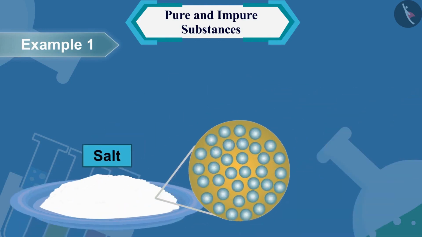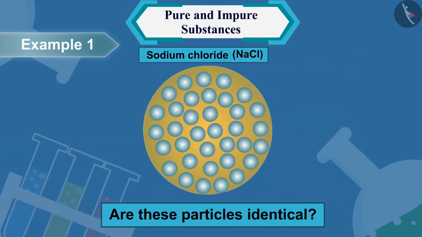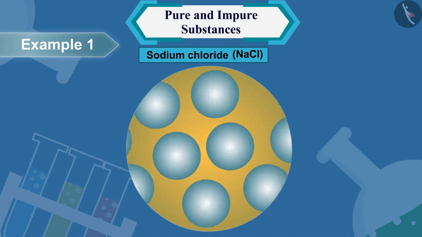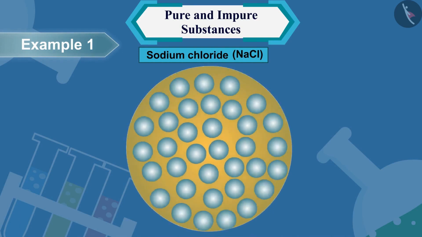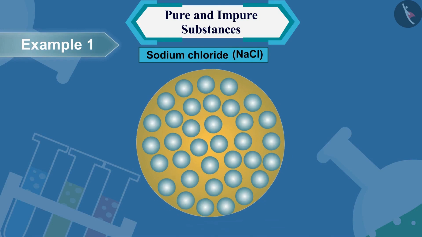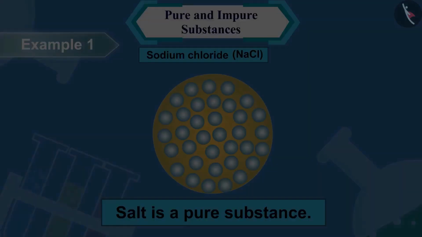Here, you can see the particles of sodium chloride present in the salt. Are these particles identical? Yes. Salt is composed of molecules of sodium chloride. Therefore, we can say that salt is a pure substance.